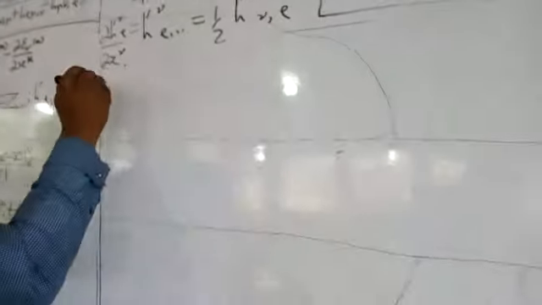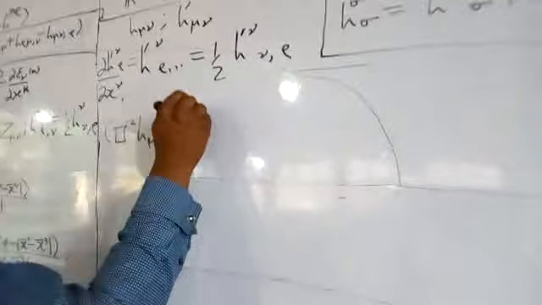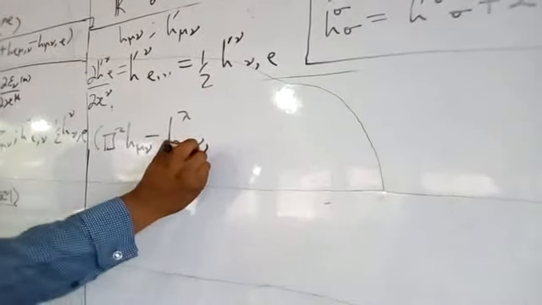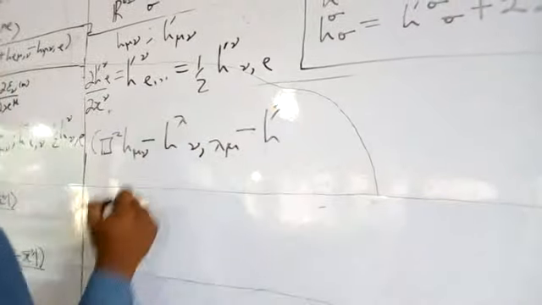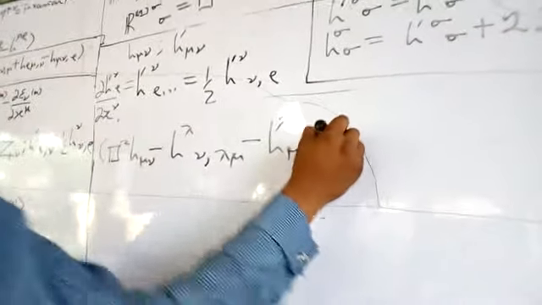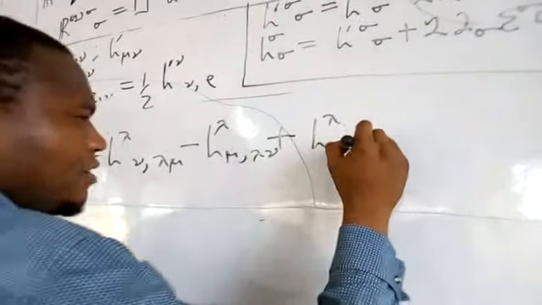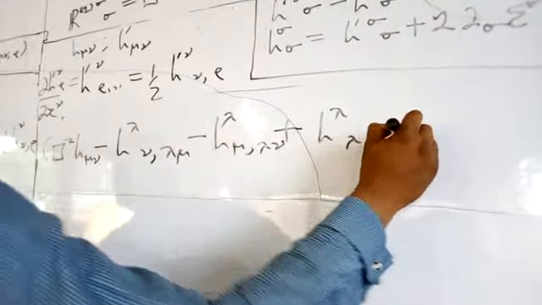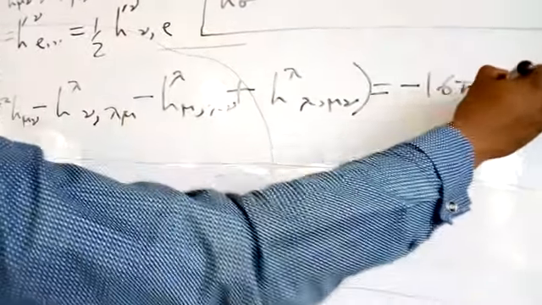I'm talking about here the Einstein field equation being this h here, and I have mu nu, minus here h lambda nu, comma lambda mu, minus h lambda mu, comma lambda nu, and then plus h lambda lambda, comma mu nu, and this I said should be equal to minus 16 pi G T sub mu nu.